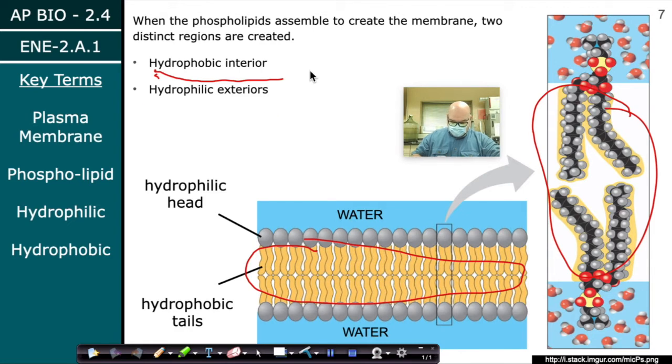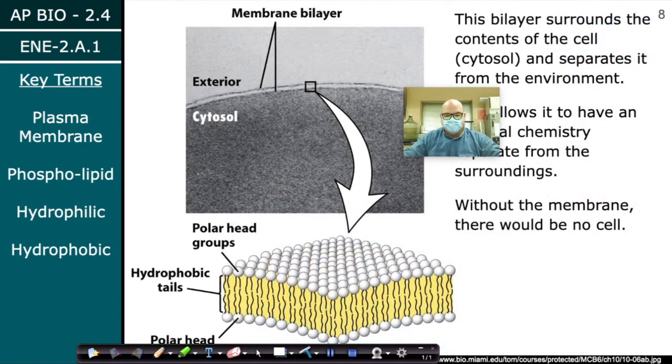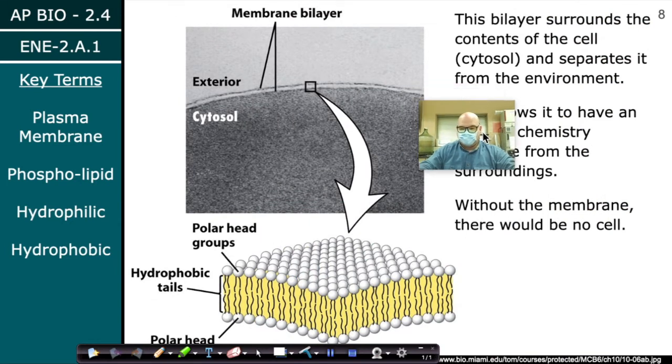Let's make that one green, which is going to be right here in this blue area. This is the hydrophilic exterior. Okay. So that makes it hard for some things to get through a membrane. It makes it easy for other things to get through a membrane. There are different factors that control that.